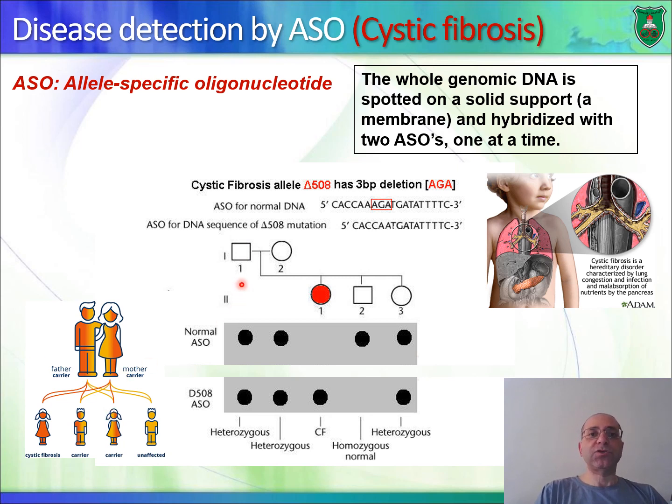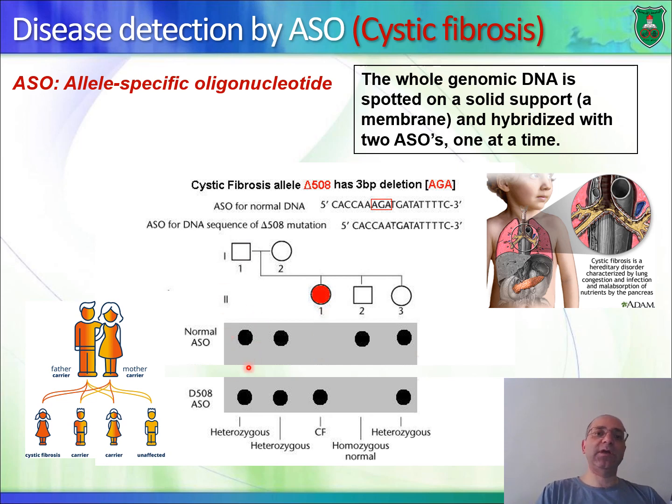Now, dot blotting was performed on this family. DNA was taken from the father and spotted on a membrane. Same thing with DNA from the mother and the children. Right underneath each symbol, you have the DNA of that person.